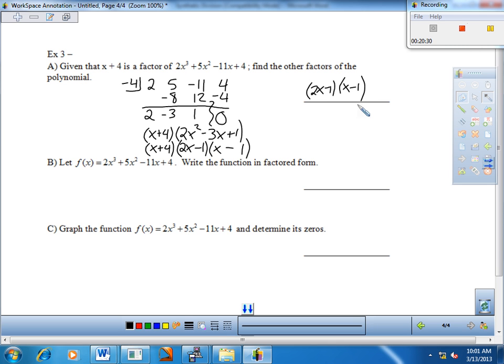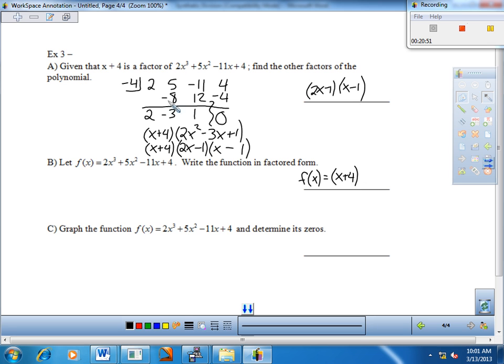I guess there's some overlap in these questions here. So now let's think of that polynomial as a function. And remember, every polynomial can be expressed as a function here. And so this is nice. I've got f of x equals right here. Write the function in factored form. So we saw it in standard form. I told you that x plus 4 was one of the factors.